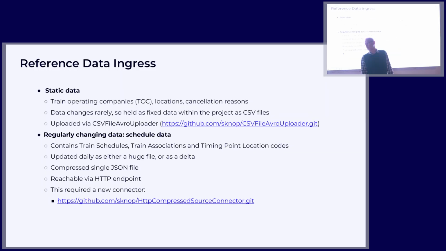This reference data exists in two formats. One of them is just plain static data. Things like locations. A station doesn't tend to be moving around in the country unless there's an earthquake. So you typically have that in one single place. The train operating companies, well, occasionally one springs up or gets shut down by the government, but they don't change that often. So I put the stuff into my project in a CSV file.